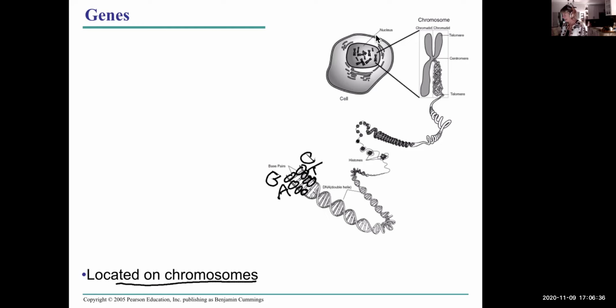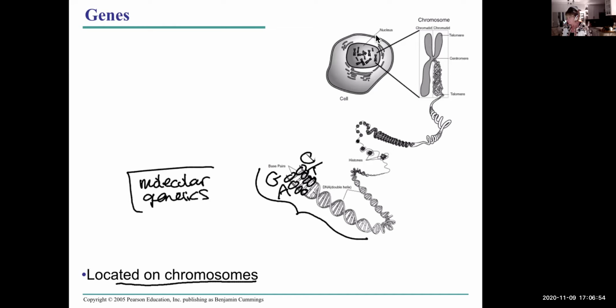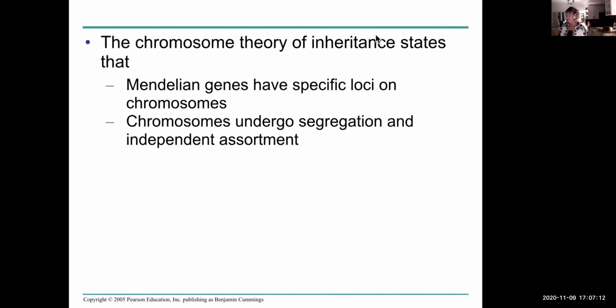G always pairs with C and A always pairs with T. If we're going to be looking at this molecule on a molecular scale, we're going to be studying molecular genetics, and we do that in 1200. We get more into the detail of the DNA itself and how it confers traits. For now, though, we're looking at mostly population genetics, so how traits are inherited from one generation to the next.